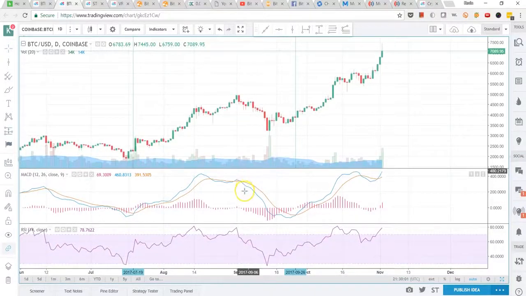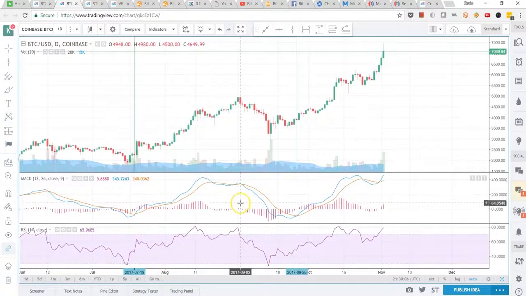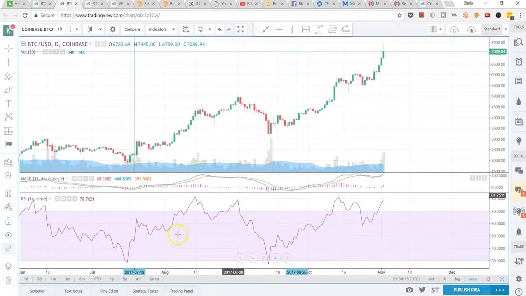So that's the MACD, and I'll go ahead and talk about the RSI, and then we'll go over a few of the different ways that I use these indicators. With the RSI, there are no two lines, there's no histogram. It's basically a single line.